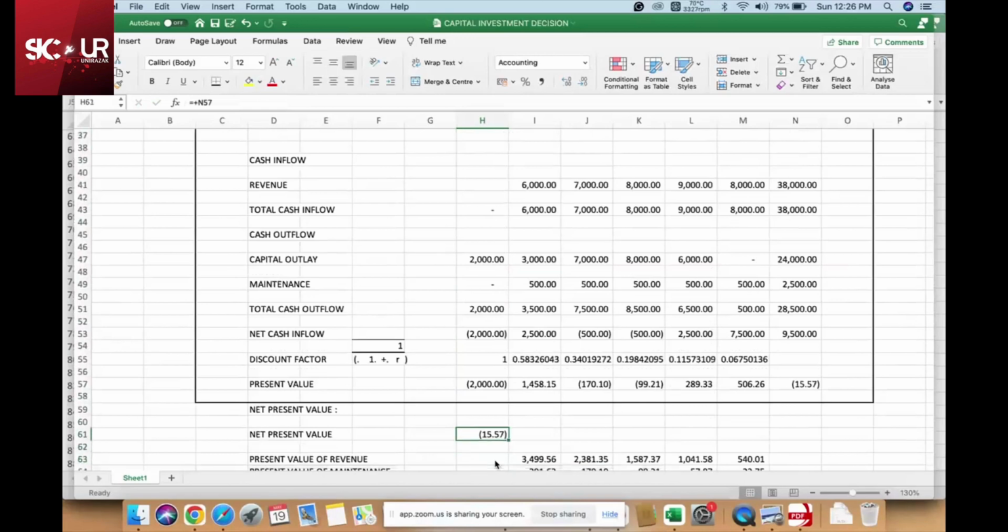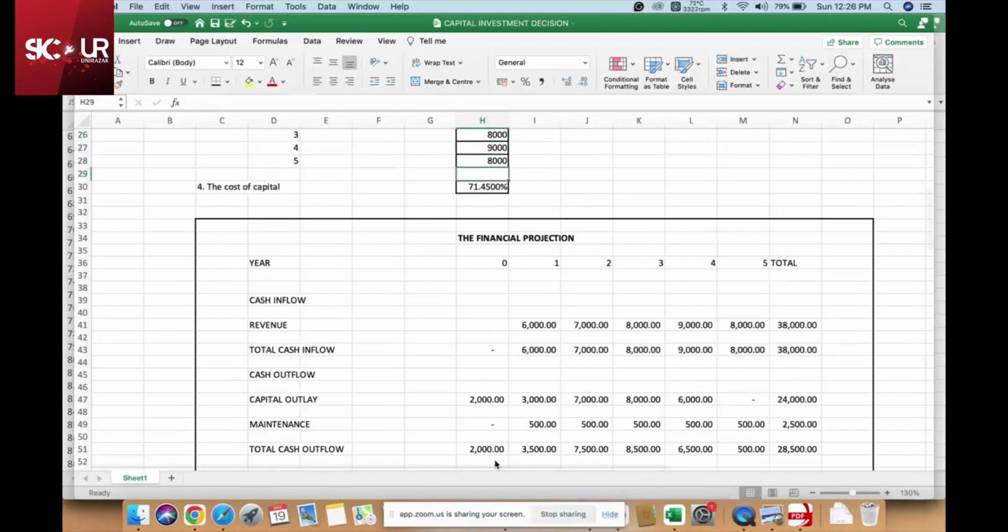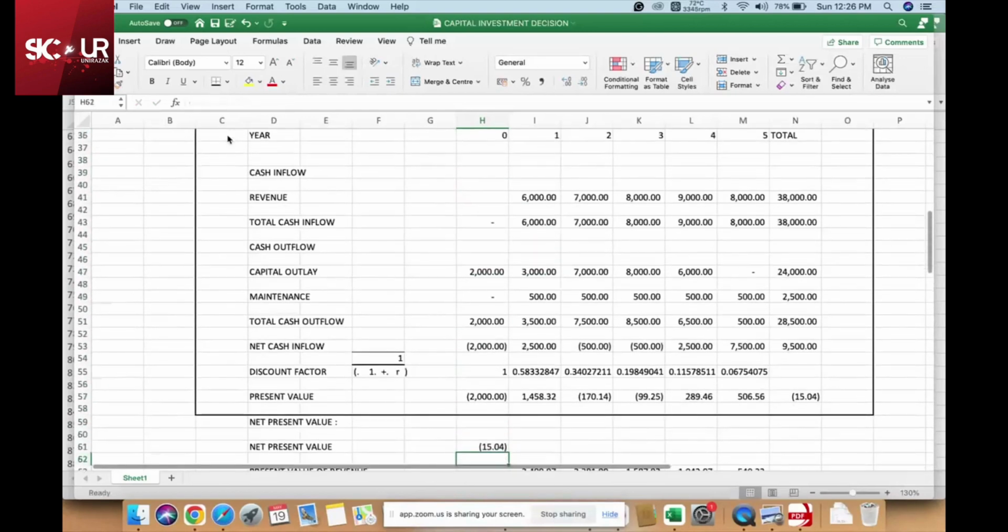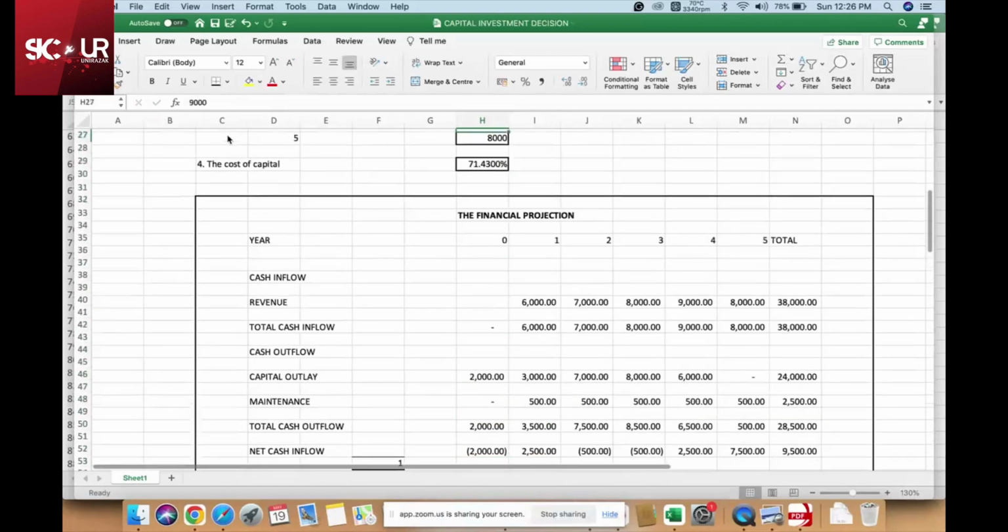It's still negative, so it is lower than that. 71.43. Still negative, so it is lower than that.